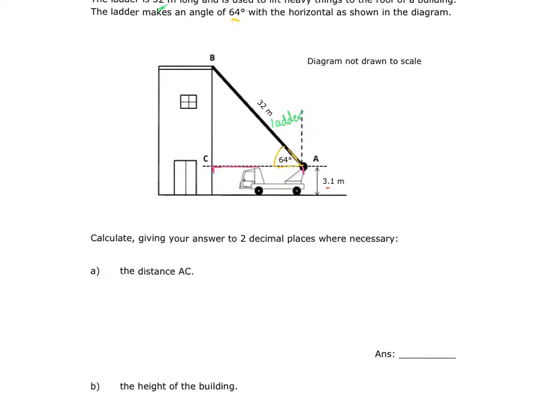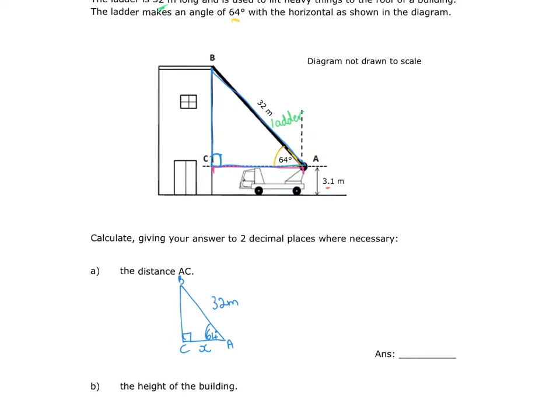Now, as you notice, we have a right-angled triangle over here, and we have the 90-degree over here. So we can use the topic of trigonometry. Let me sketch the triangle again. So this is the triangle, 90-degree angle there. We have 64 angle there. We know that the ladder is 3.2 meters, and we have to find this one, AC.